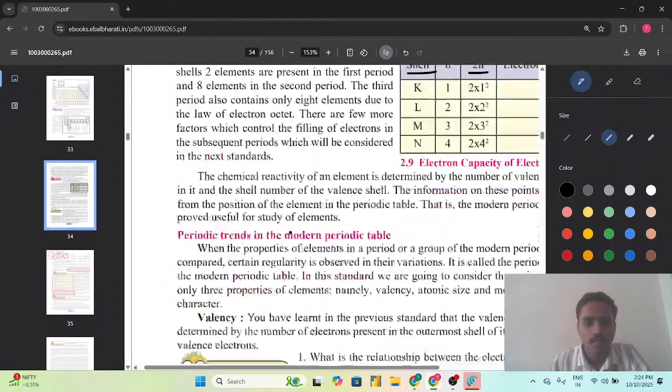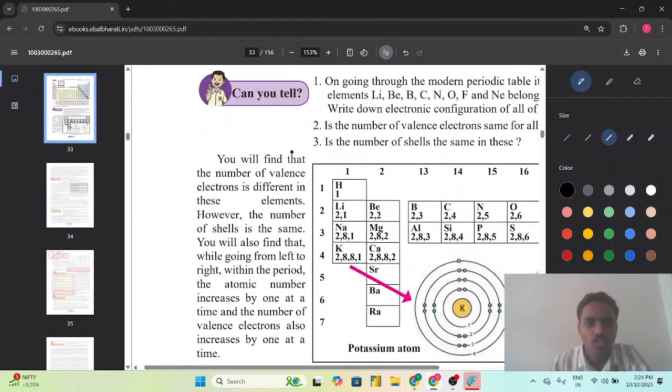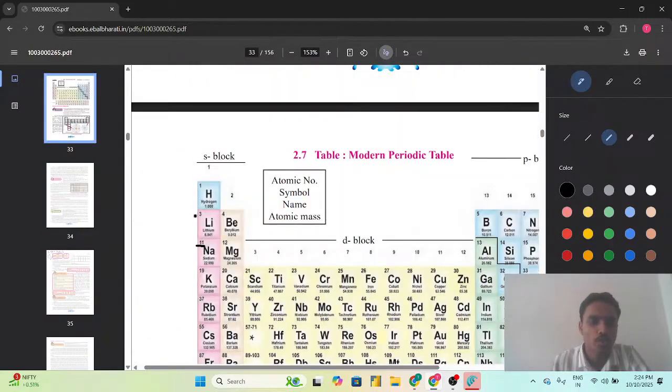As we can see, the elements placed in group 1 show 1 valence electron at their valence shell. If we write the configuration for hydrogen, hydrogen has atomic number 1, so the electronic configuration is 1.